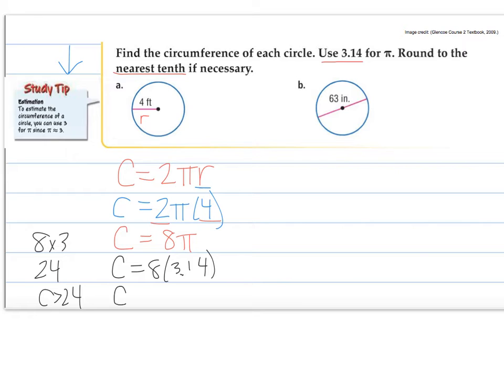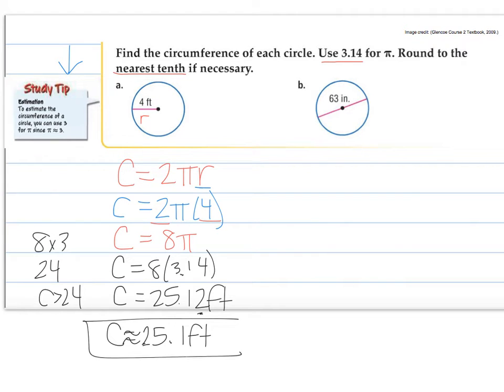When I do that, I get 25.12 feet, but my directions say to round to the tenths. So I look to the hundredths. Since it's less than 5, I'm going to write 25.1 feet is approximately my circumference.